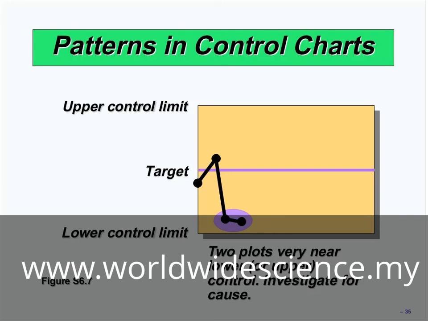So operation managers will be concerned when they face this pattern. When you face this situation, that most of the spots are very near to the upper control limit line or lower control limit line, you should stop the process.